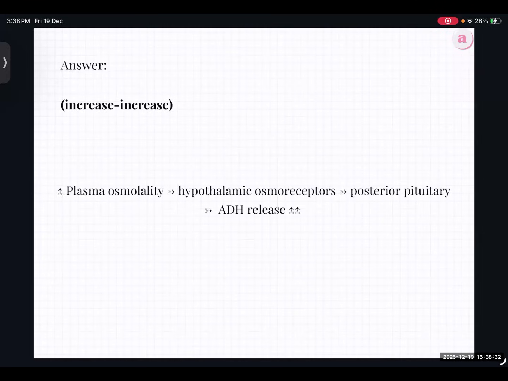That triggers our hypothalamic osmoreceptors in our brain, and that tells our posterior pituitary gland to secrete ADH. ADH is secreted by the posterior pituitary gland, triggered by plasma osmolality. Okay? I hope that is clear.